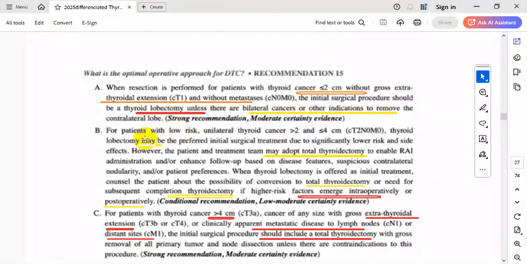For patients with unilateral thyroid cancer between 2 and 4 centimeters, thyroid lobectomy may be preferred as initial surgical treatment due to significantly lower risk and side effects.